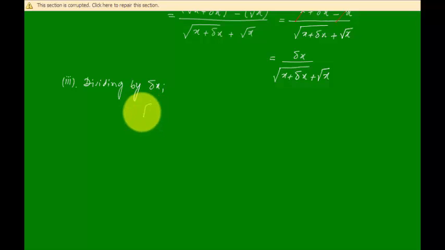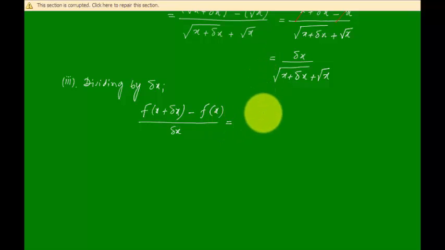What will happen? f of x plus delta x minus f of x divided by delta x will be equal to delta x over square root of x plus delta x plus square root of x, and we have to divide this right hand side with delta x as well, because we have divided here, we also will divide here.